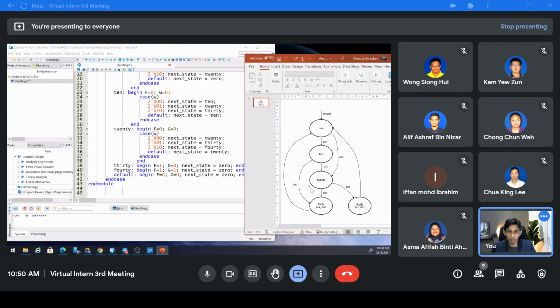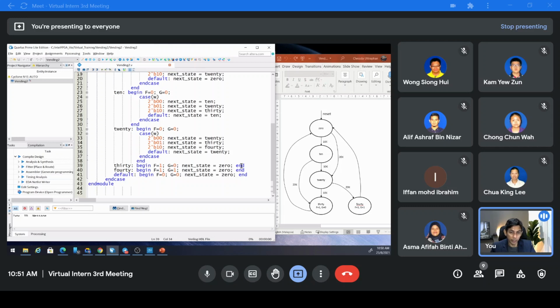And 30 is easy, right? Look at 30. When we are at 30, the output is F equal to 1, G equal to 0. And at 30, we will not look at the input anymore. All right, we will ignore W. And here, straight away, we will go back to state 0 because 30 cent is already reached, so we need to dispense.